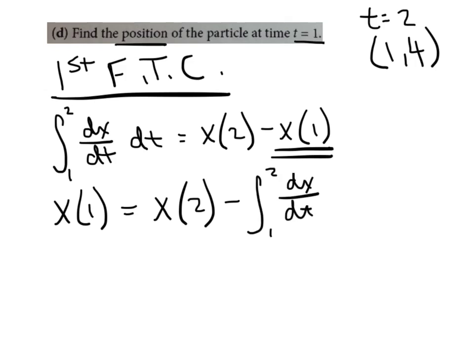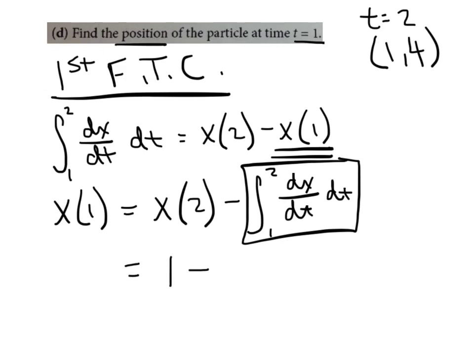The calculator is really going to come in handy here. We've got a definite integral that I can simply throw into that calculator, and we know that x of 2 is just equal to 1. So it's going to be 1 minus whatever that integral is. When I threw that into my calculator, I got 0.782. That was the x-coordinate when t equaled 1.